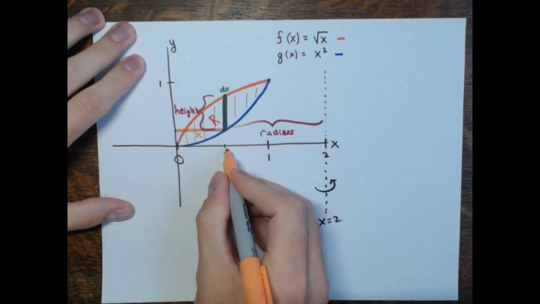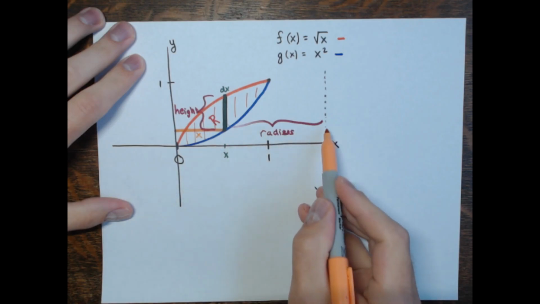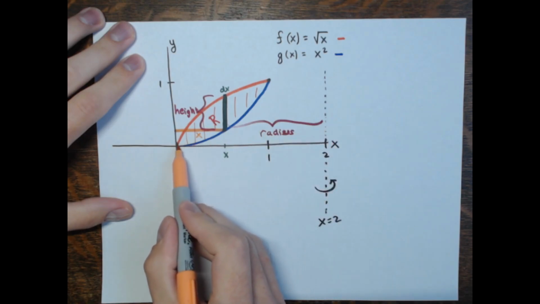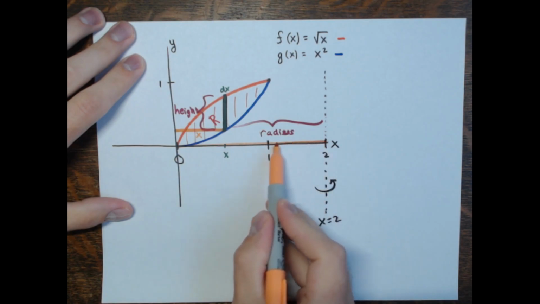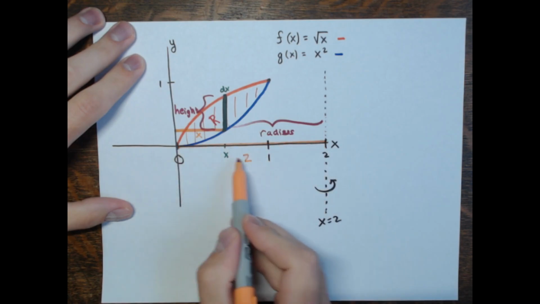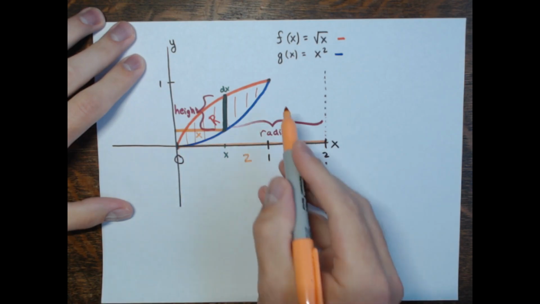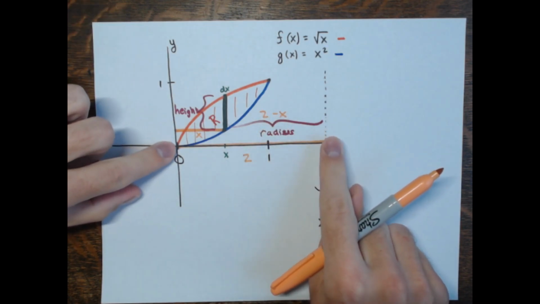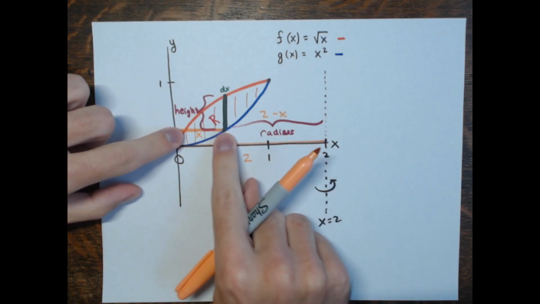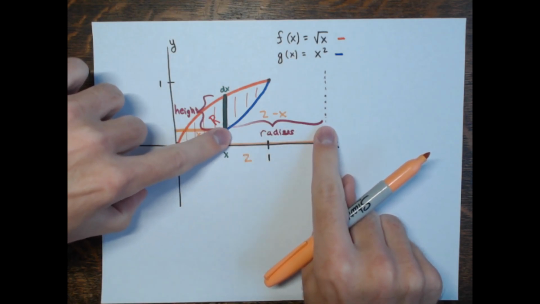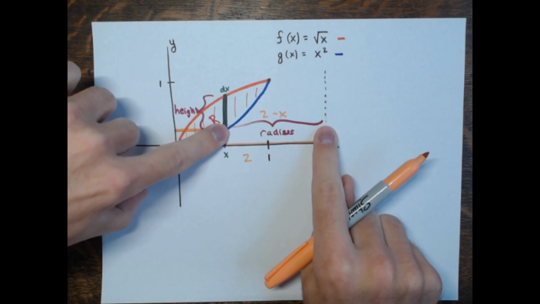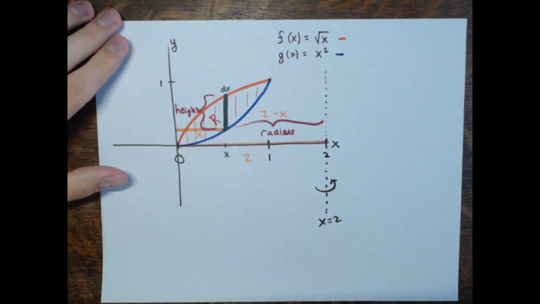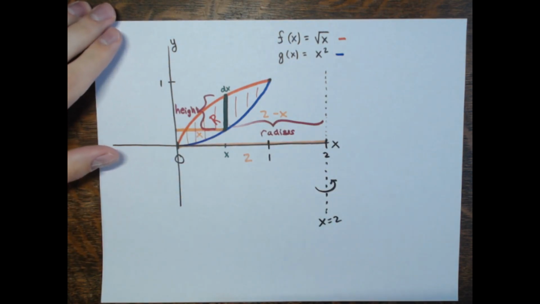This distance is just x. But what we have is the line, that's 2 units all the way across. So this distance here would be 2 minus x. It's the whole thing of 2, and then taking away that x, I'm left with what's left over, which is the distance that I want from the line to the rectangle. So 2 minus x is the radius in terms of x.